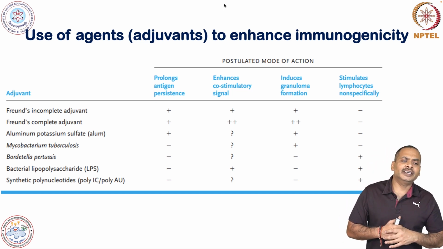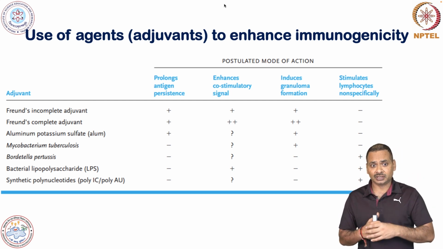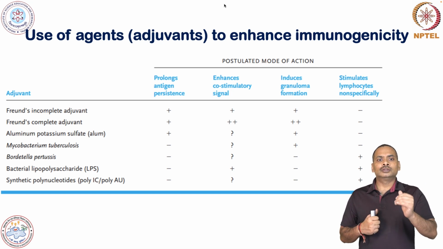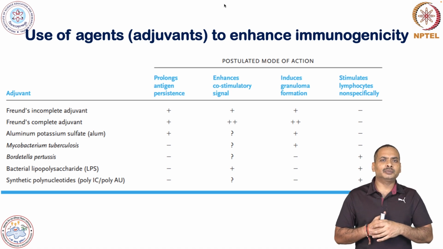Another adjuvant is alum. This is aluminum potassium sulfate. This is used in humans. Of course, this prolongs the antigen persistence.